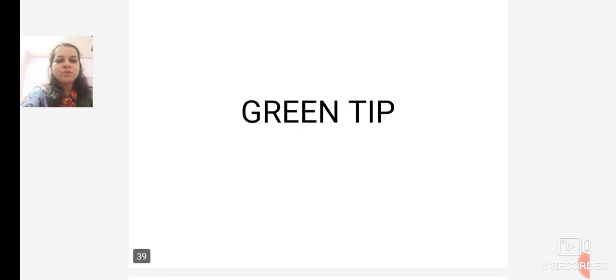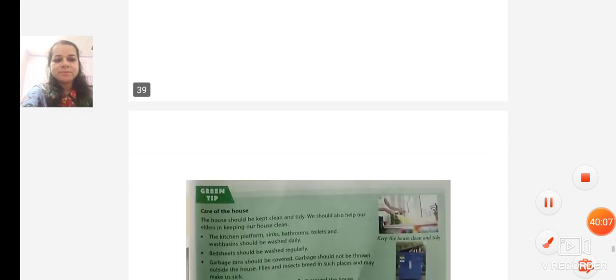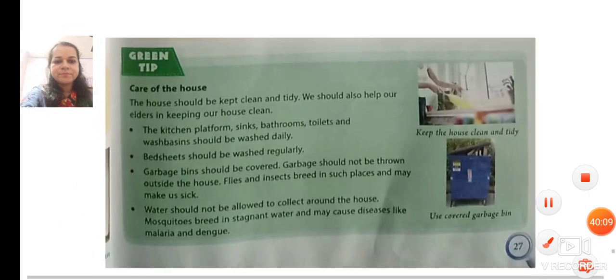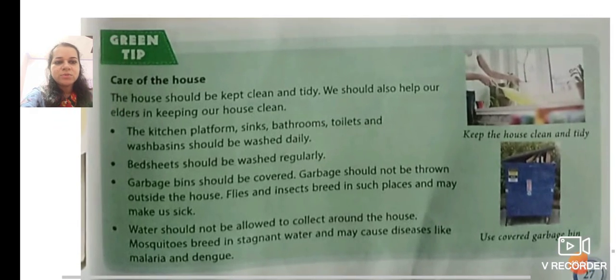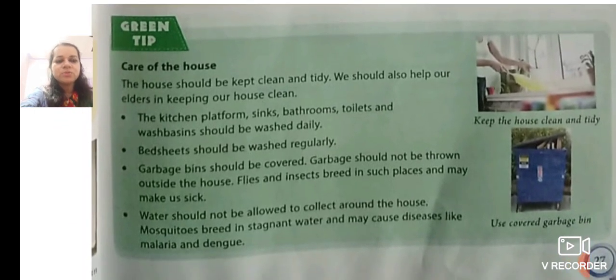Now we move on to the next point, that is green tip. Care of the house. As we saw in the video also, we should take good care of our house. The house should be kept clean and tidy.